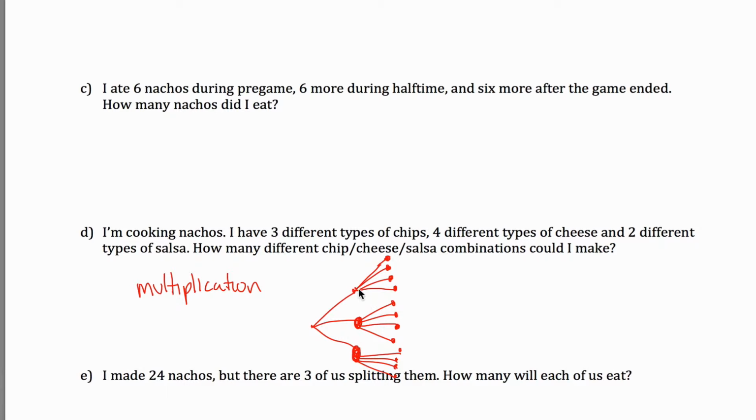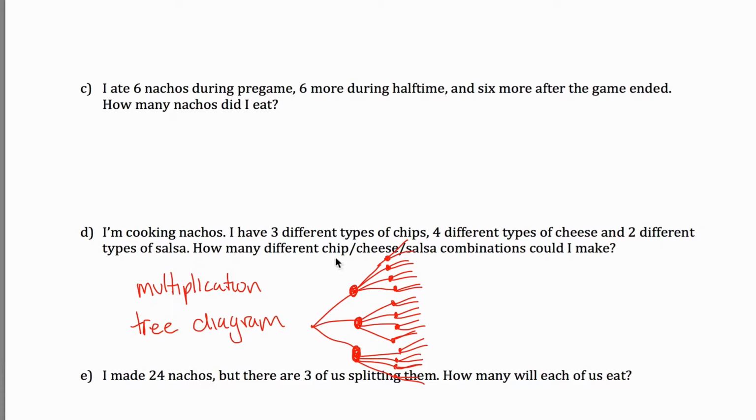And for each of those, you'll make the choice of what salsa you want. So this one splits off into 2, this one splits off into 2, 2, 2. And you don't really have to draw all the different branches of the tree, but I've gone this far, and I'm going to try to squeeze them in there. Yeah, good enough. So I'm going to use the multiplication in the tree diagram here.